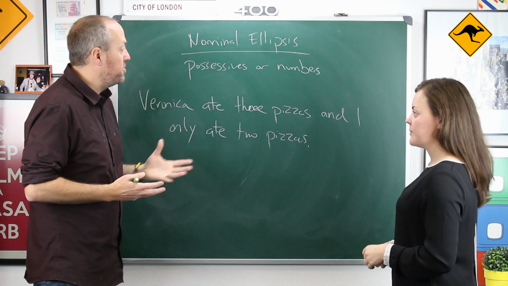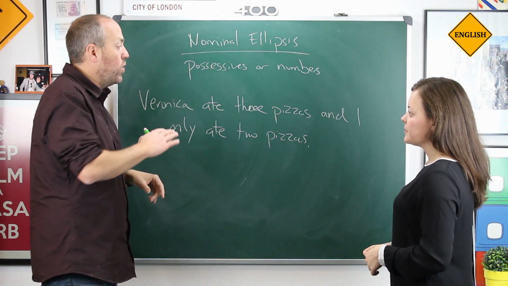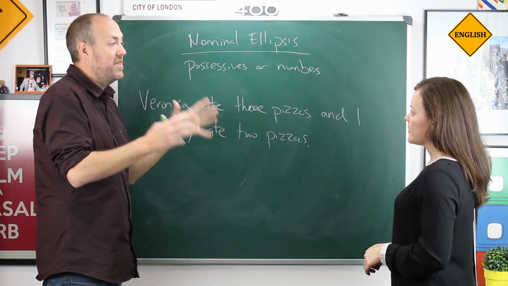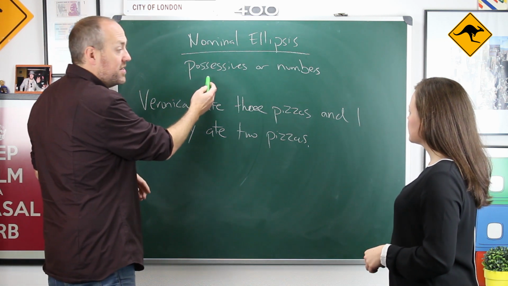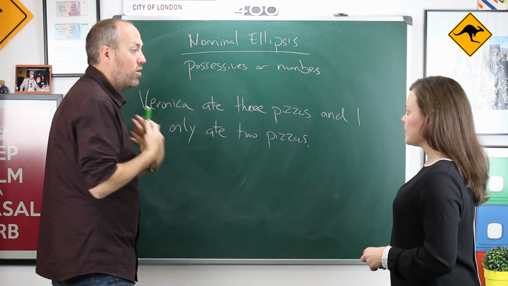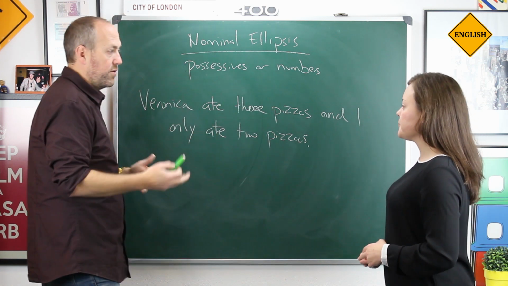The next type of ellipsis is nominal ellipsis. Nominal basically means that we are deleting the noun. We can delete it if we have a possessive, like Veronica's, or his, or hers, or mine, or a number, 2, 3, 4.